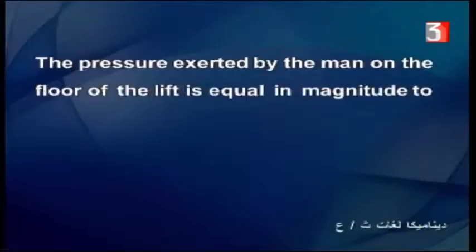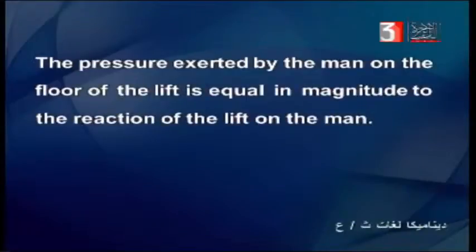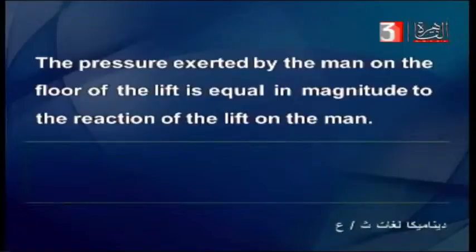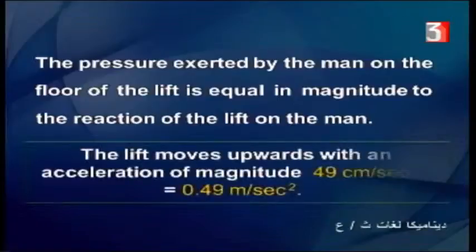Now, the pressure exerted by the man on the floor of the lift is equal in magnitude to the reaction of the lift on the man. The lift moves upward with an acceleration of magnitude 49 centimeter per second squared, or 0.49 meter per second squared.